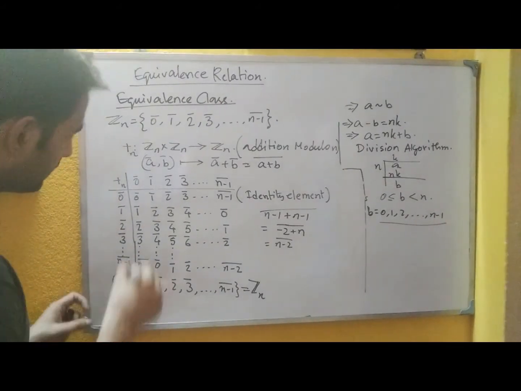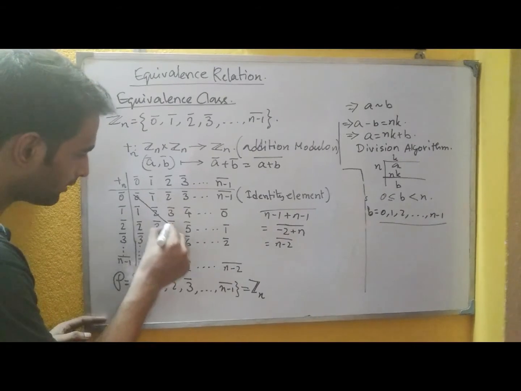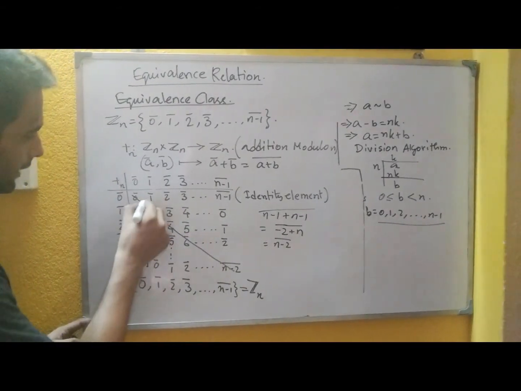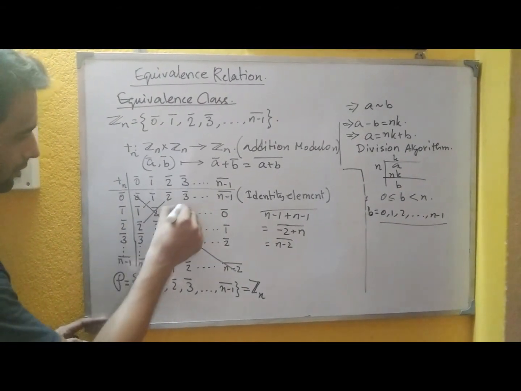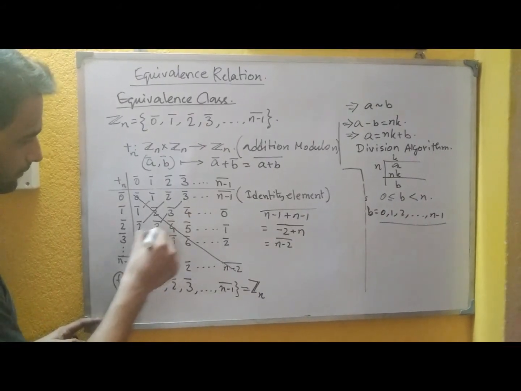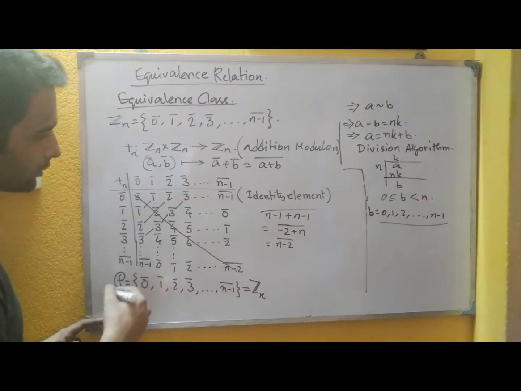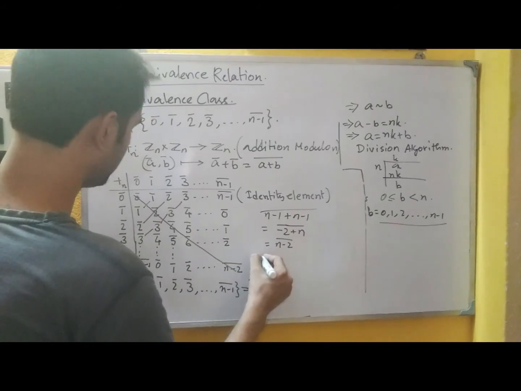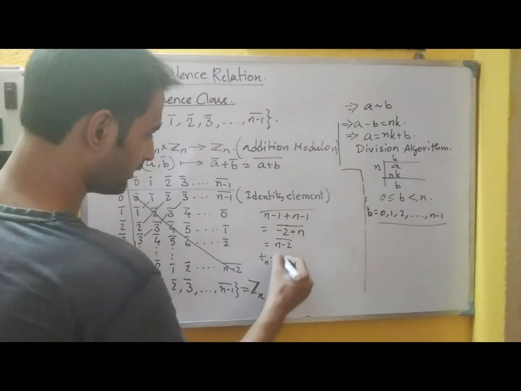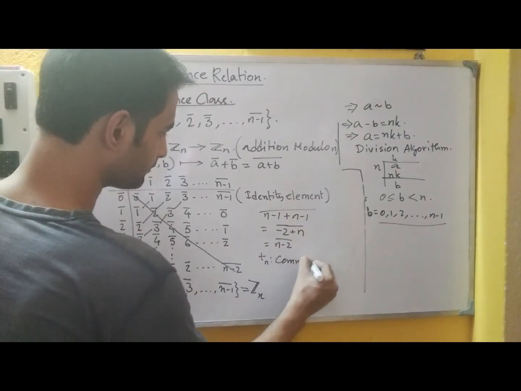And you see, if you draw the diagonal here, the elements are the same in the diagonal position. So you can conclude that this operation addition modulo n is also commutative.